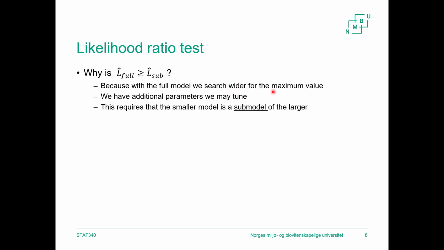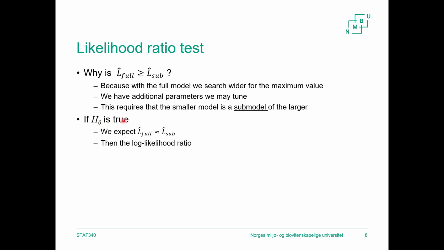You want to search for the highest point in the terrain, and the highest point for the full model is always at least as high as for the restricted model. But notice that this actually requires that the smaller model is a submodel of the larger. So this one covers a subset of the same terrain as this one. There is no terrain here that is not also covered here.